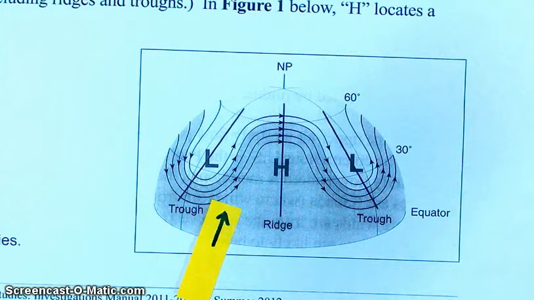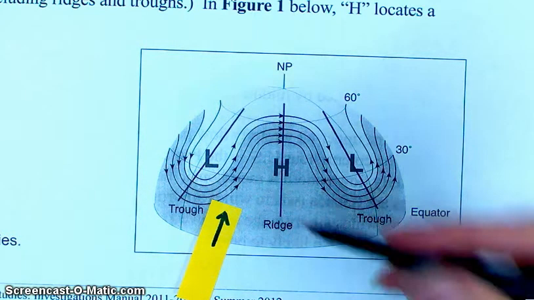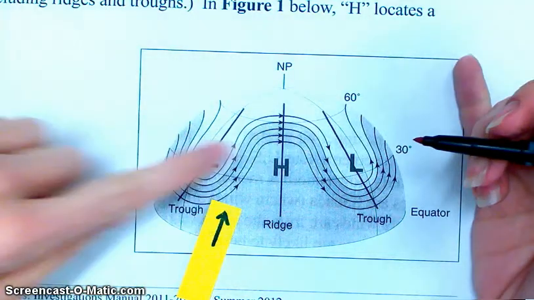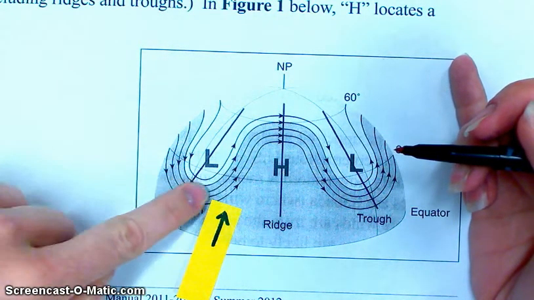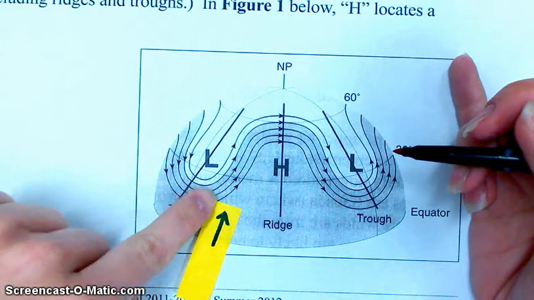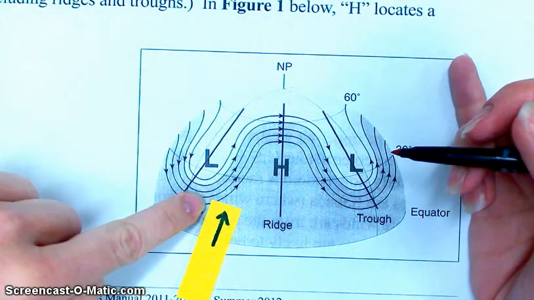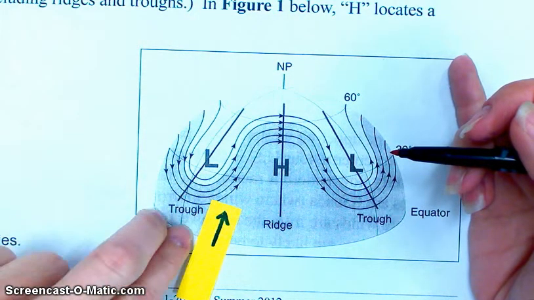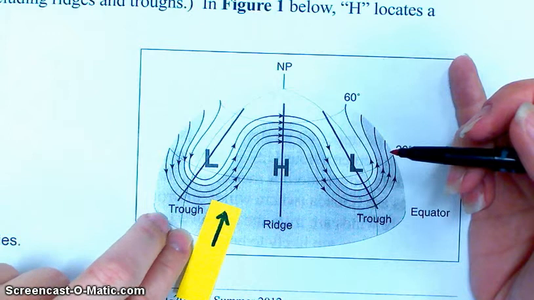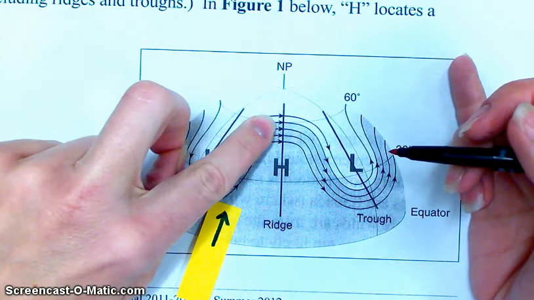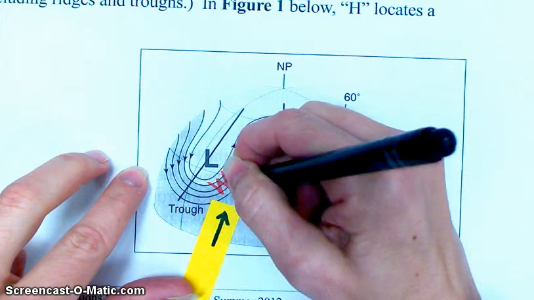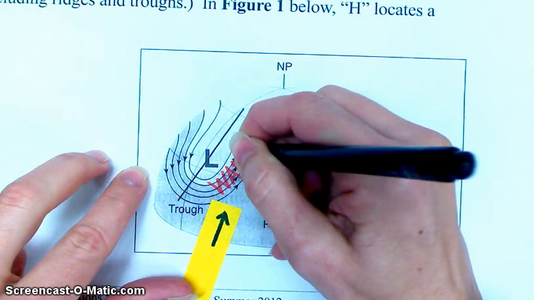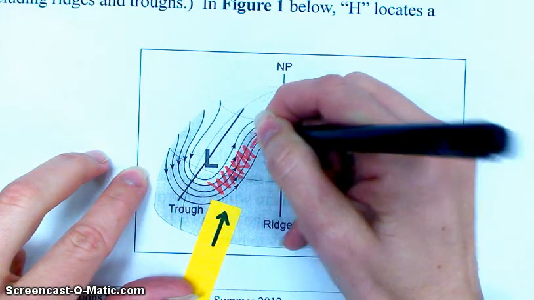That should hopefully make sense, because if you follow these arrows in this part that's west of the ridge, the air is moving from southwest to northeast. So it's moving from a direction that would be warmer towards an area that would be colder. So this is a warm air direction.